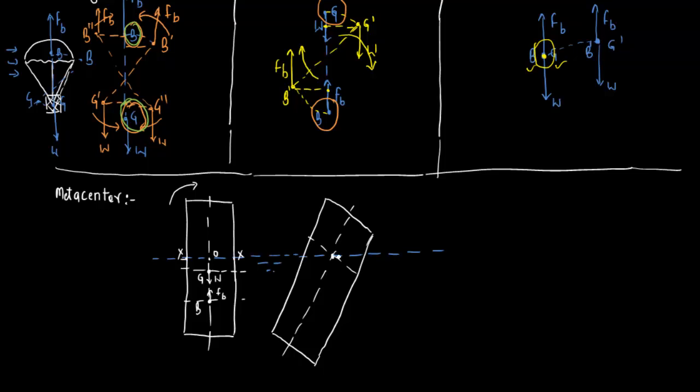So this is our O point, this was our x point on the left hand side, this is our x point on the right hand side. This x point is going up here and this x point is going down here. Now obviously the center of gravity of this body is not going to change, it will remain the same here, and the weight is acting over here.